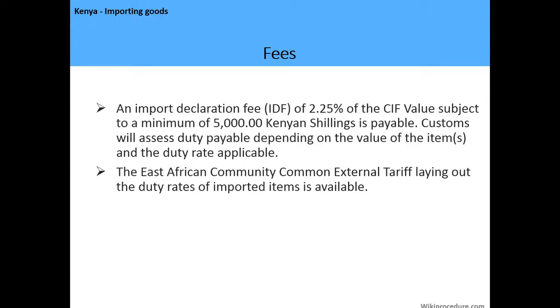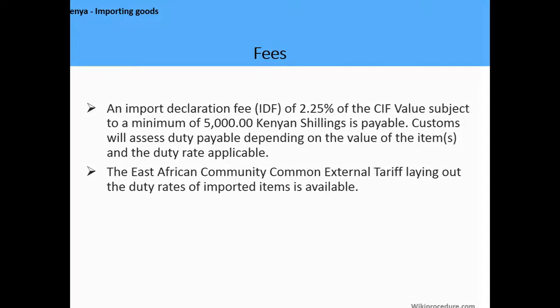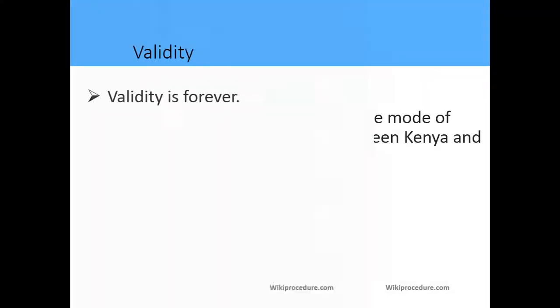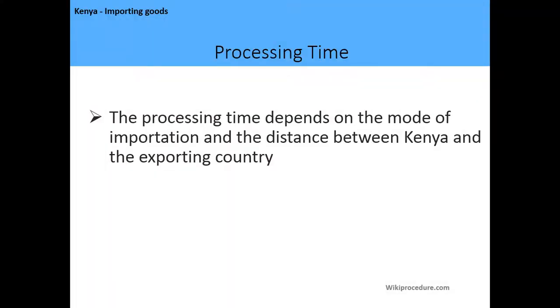The East African Community Common External Tariff lays out the duty rates of imported items. It is available on our wiki procedure website page, and you can download it from there. The validity period is forever. The processing time depends on the mode of importation and the distance between Kenya and the exporting country.